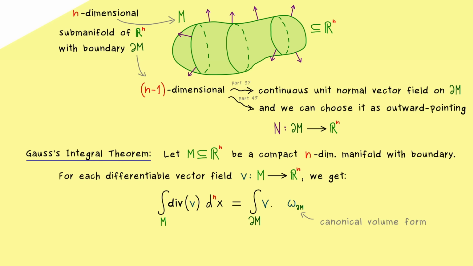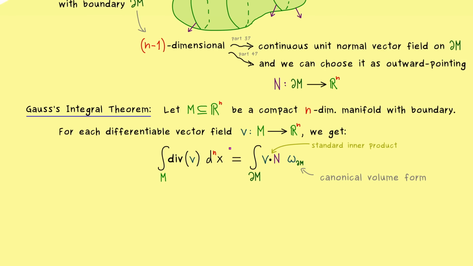And there we simply combine V and N in the standard inner product of Rn. And usually we would use pointed brackets to denote this inner product, but in order to keep the formula short, I just use a dot in between. Indeed, this is not so uncommon, so definitely something we can do here. So there we have it. This is the whole formulation of the important divergence theorem in Rn.